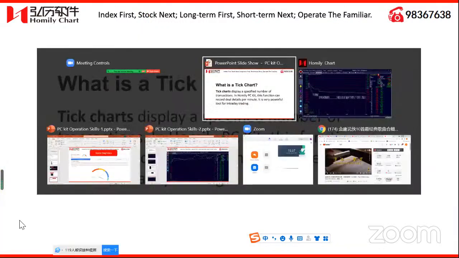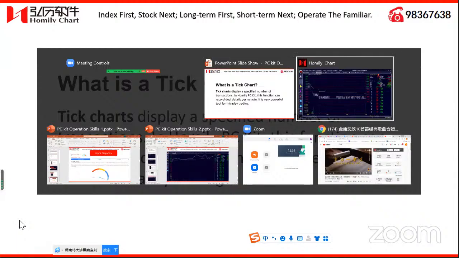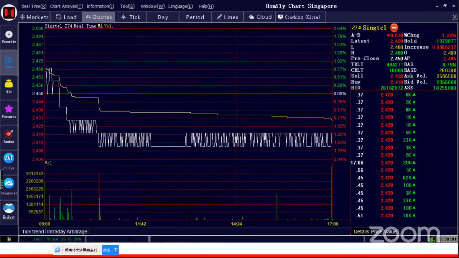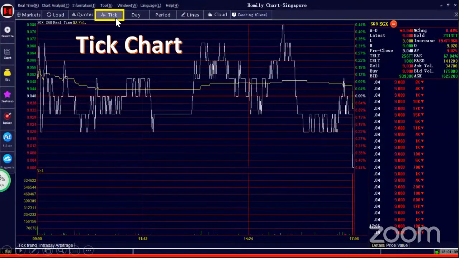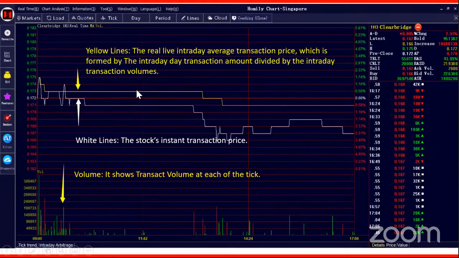So you can go to this. Okay, so go to click tick, then you will see the tick chart here. So what is tick chart information? In this tick chart, you will see there is a yellow line, there is a white line, and below there is volume.